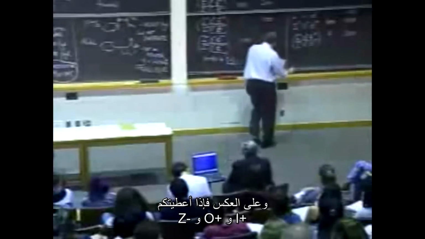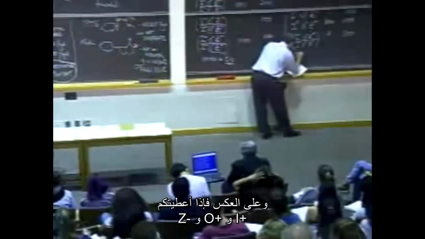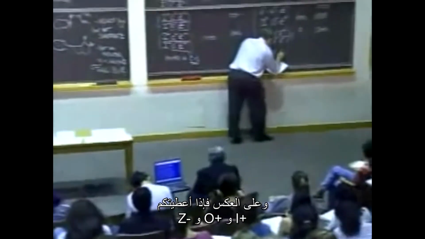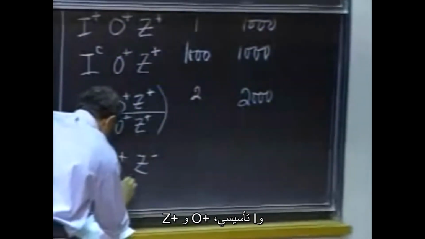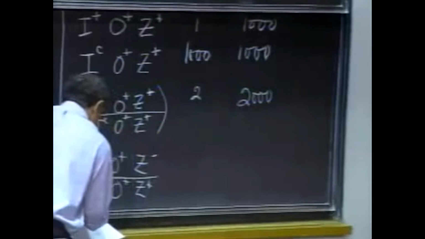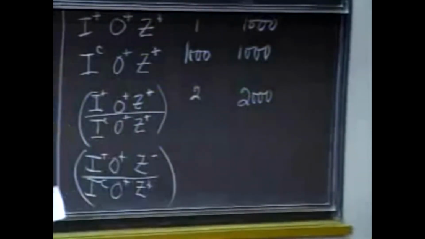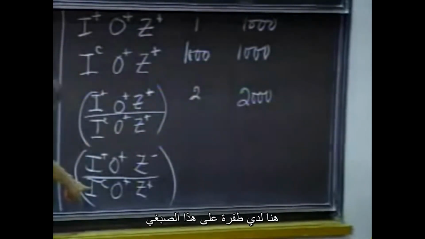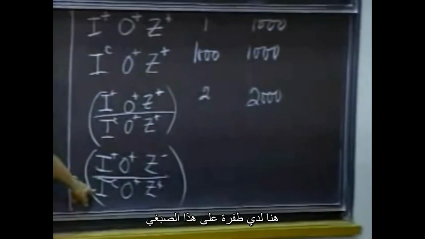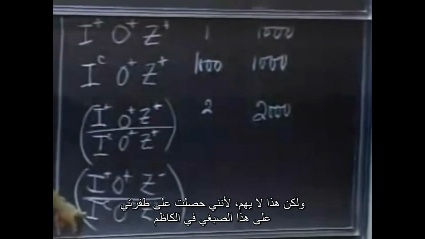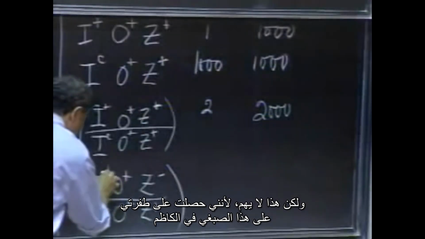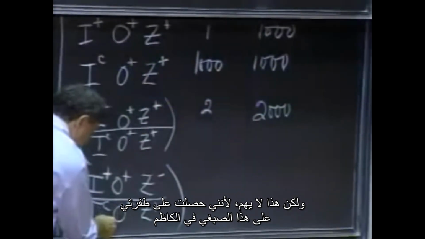And by contrast, if I give you I plus, O plus, Z minus, and I constitutive, O plus, Z plus, what will happen? Here, I have my mutation on this chromosome. But it doesn't matter, because I've got my mutation on this chromosome in the repressor.